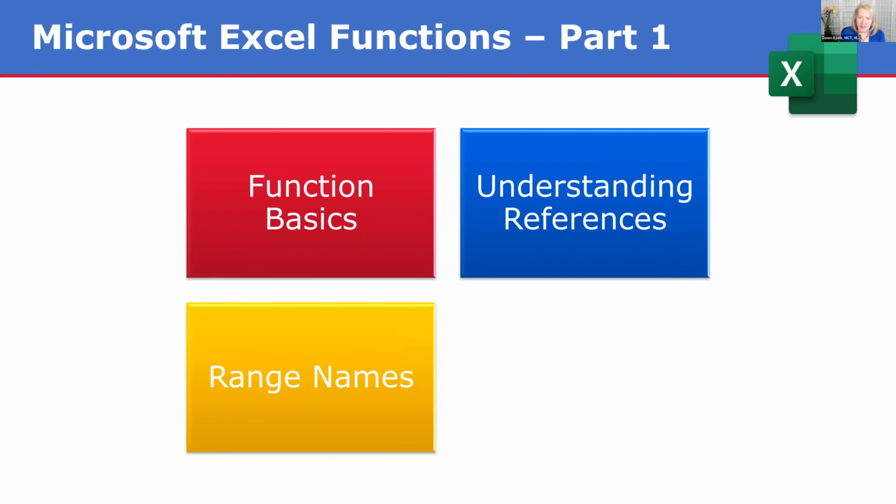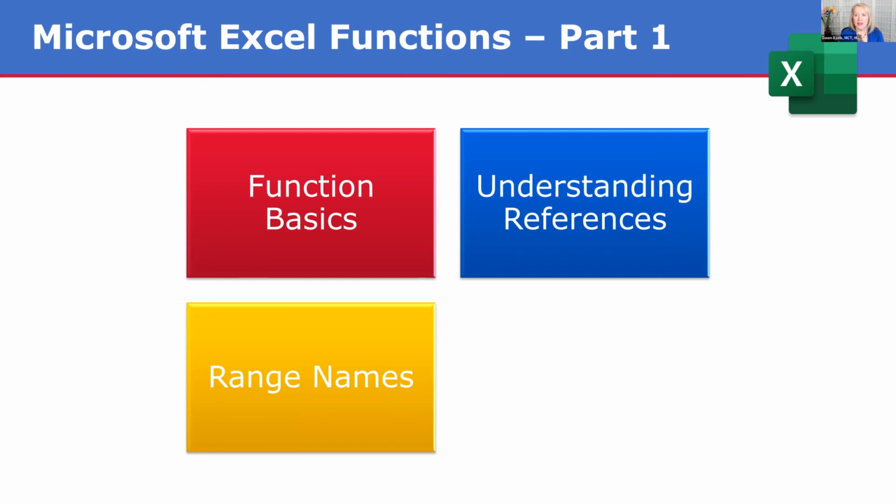And range names. When we start building on more complex functions, our focus is going to be on key functions. There are over 500 functions in Excel. Don't worry, we're not going to be even getting close to that, because even top Excel users, some of the experts that you may know, maybe you're one of them, probably only use a handful or two of functions.